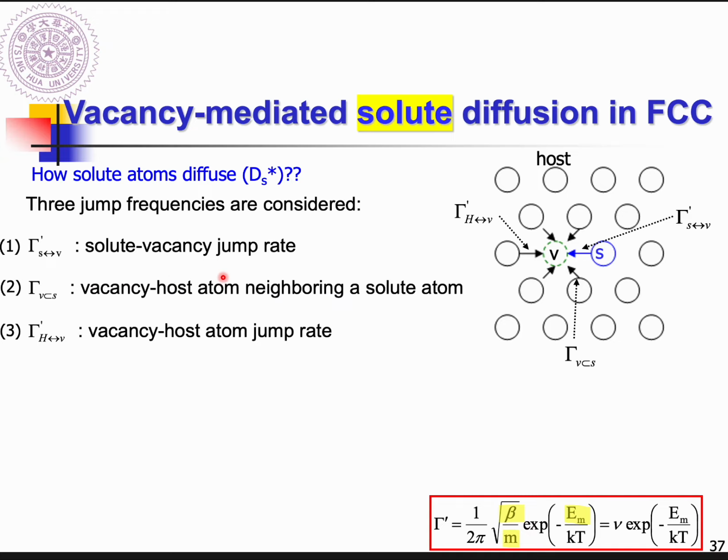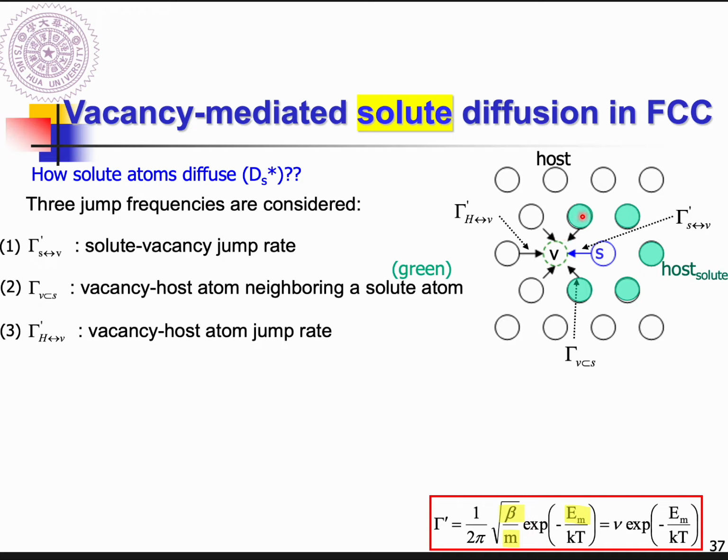The first one is, as I mentioned, the solute vacancy jump rate. The third one is the one you are familiar with, the host vacancy jump rate. And number two is shown in green: the vacancy and the host atom neighboring the solute jump rate.